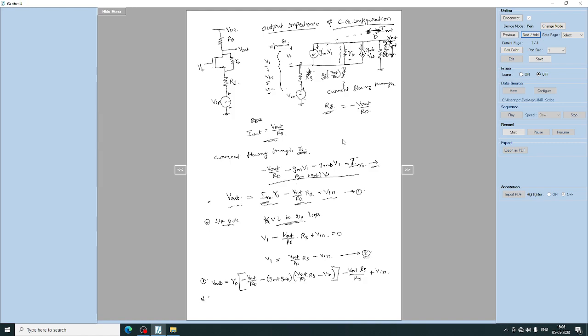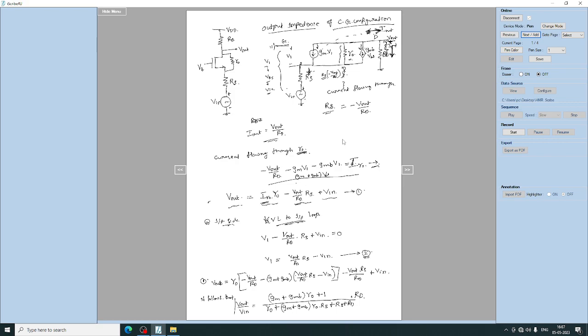It follows that V out by V in happens to be GM plus GMB into R naught plus 1 whole divided by R naught plus GM plus GMB into R naught into RS plus RS plus RD into RD.